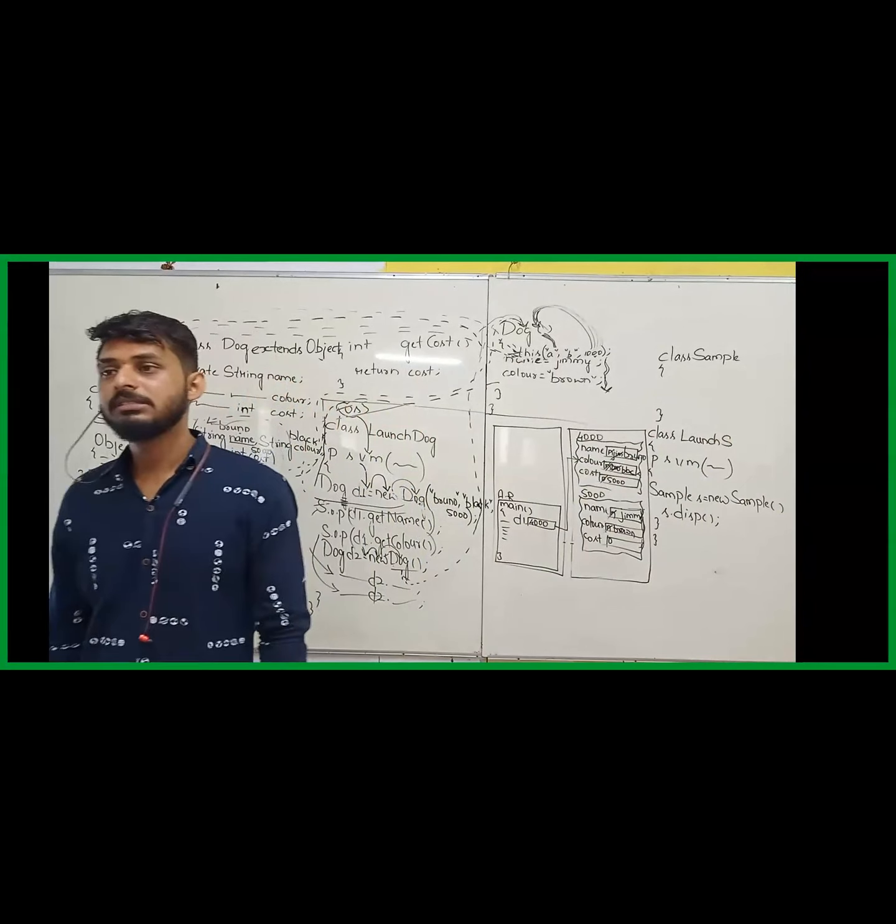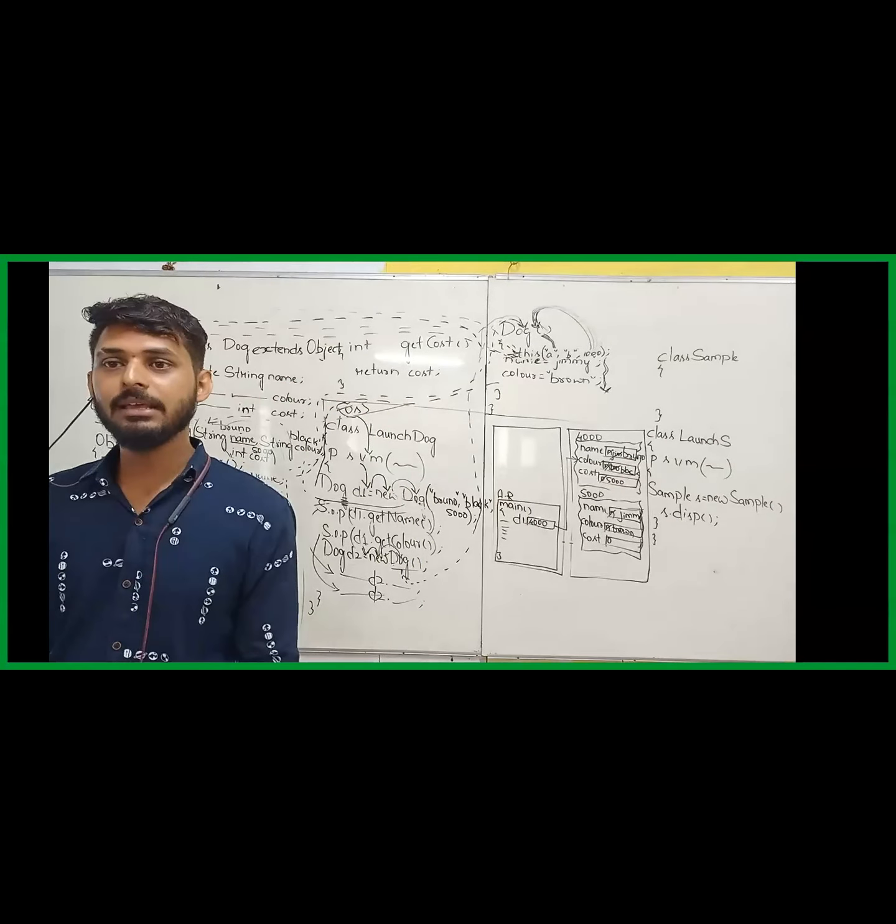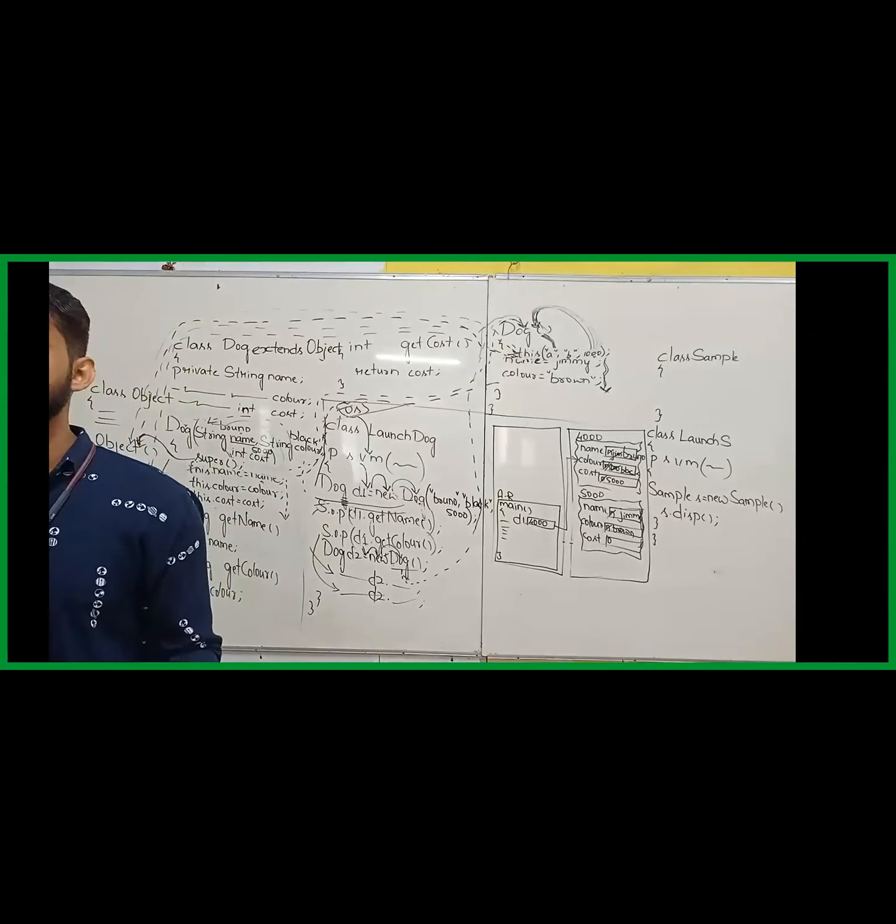Chaining means taking the control from one constructor to another constructor. In that, there are two: constructor chaining and local chaining. Constructor chaining, I believe all of you have understood. Local chaining, I believe you have also understood, but I'll repeat.